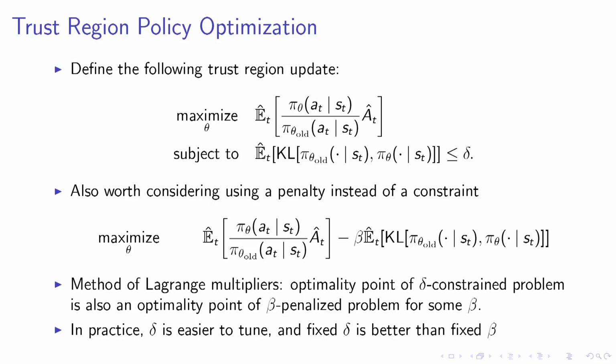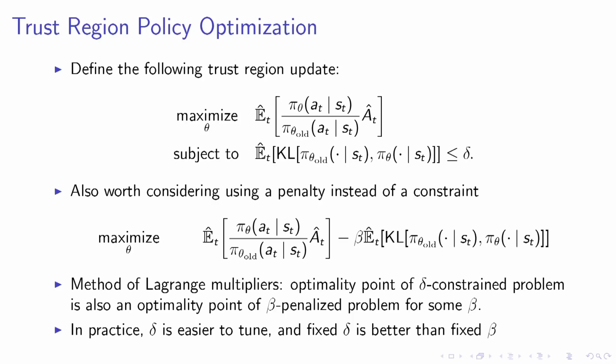So the way these methods work is you say, I want to optimize this objective, which is our local approximation, subject to some constraint that we're not moving too far away from the starting point. There are lots of ways we could define this constraint.